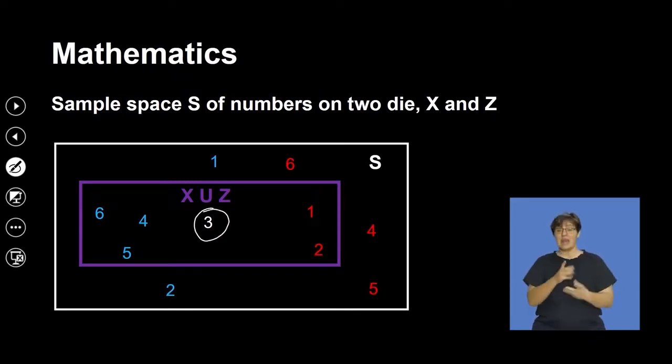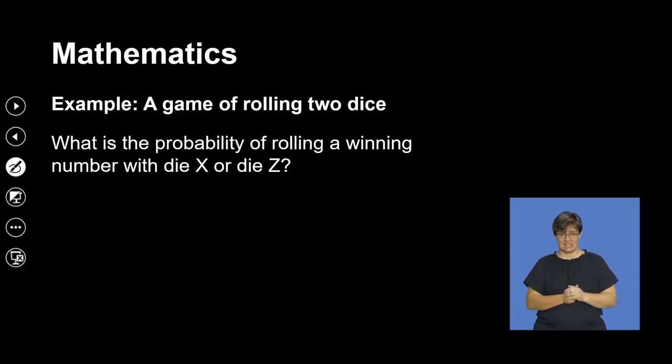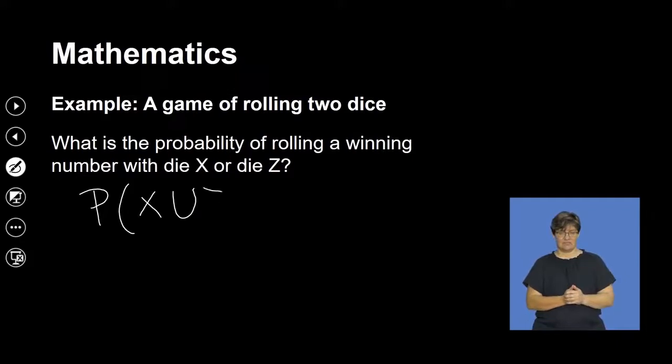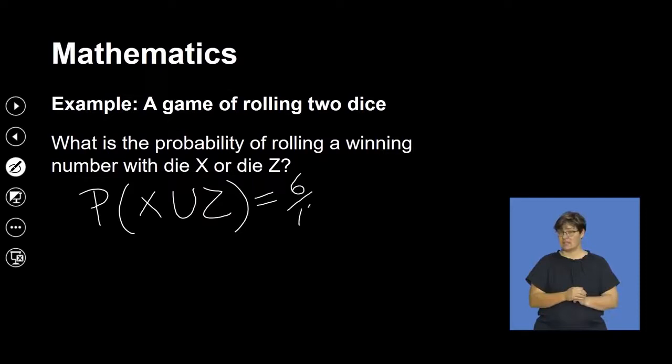This one is in the intersection. And when we do the calculation of the probability, we have to ask ourselves, what is that probability? And we've calculated it already. Jumped ahead a little bit. We've said that that probability is going to be 6 out of 12.